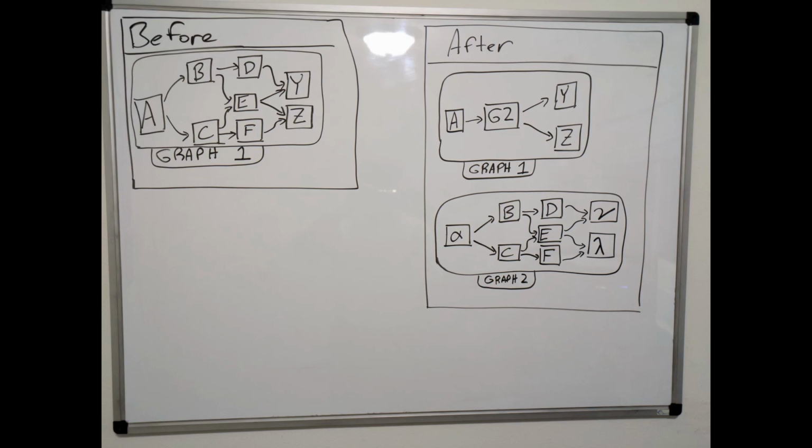And the outgoing ports are abstract so that this new thing that's been pulled out is now abstracted from its original context. It could still be that you're only ever going to link up the gamma to the thing labeled Y and the lambda to the thing labeled Z, but it could also be that you're going to link them up to other parts of the larger graph now that they're abstracted.